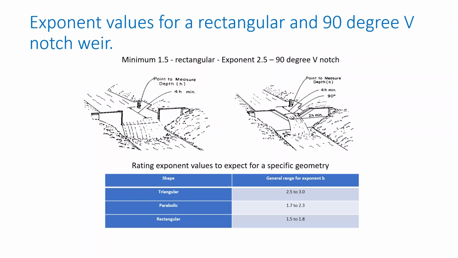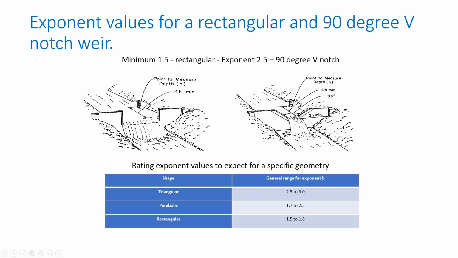So just a few of the other hydraulic things to consider when we're developing our ratings is the exponent values. Here's an example for a rectangular and a 90-degree V-notch weir. You can see in the picture on the left, it's pretty crude, but there's a rectangular weir there, and if you look below in the table, for anything rectangular, the exponent value in our equation, which you'll see soon, should always be between 1.5 and 1.8.